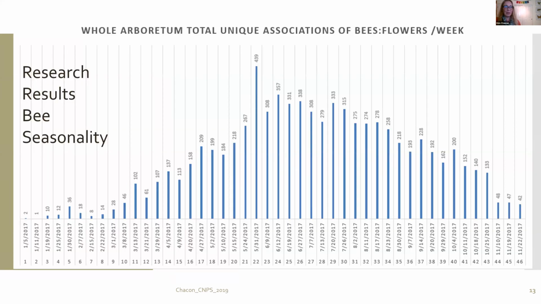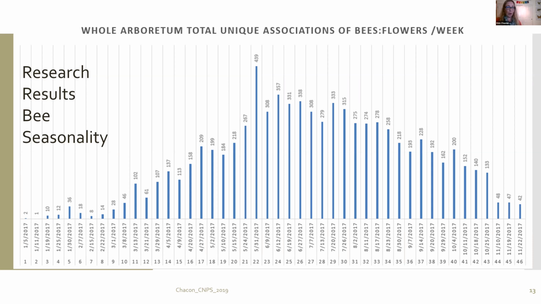Just so you know, bees have their own seasonality. So this was over the course of the year. You can see how the peak visitation of bees occurs like end of May, probably beginning of June in Davis. We may have something a little bit slower here because the temperatures don't peak up so high here.